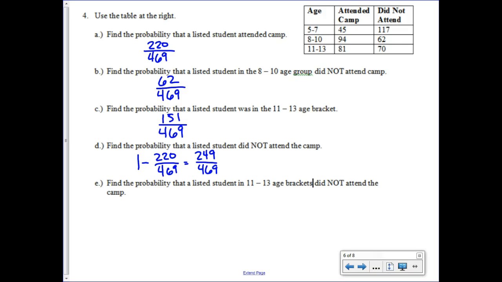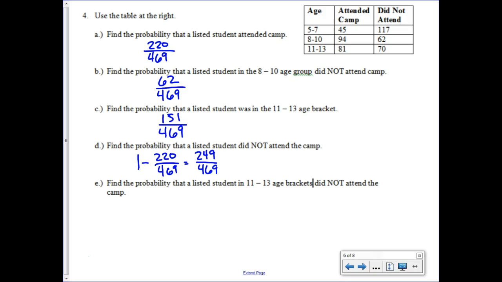Also does not reduce. Find the probability that a listed student in the 11 to 13 age bracket did not attend the camp.